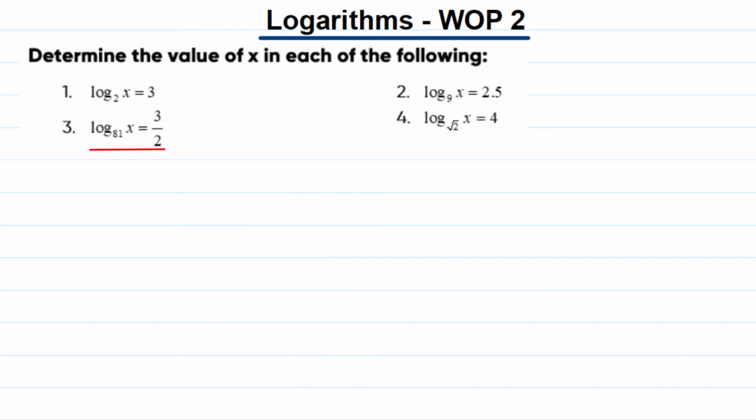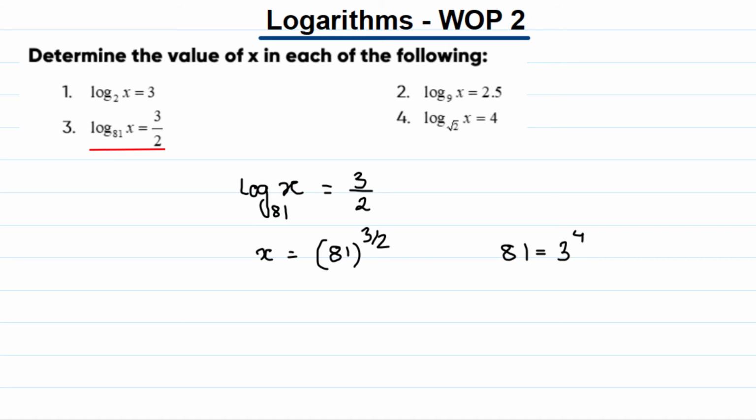Let's move on to the next problem. Problem number 3. So here we have logarithm of x to the base of 81, and that is equal to 3 over 2. So we use the definition, and that should give us x equals 81 whole raised to the power of 3 over 2. Now 81 is simply 3 multiplied by itself 4 times, so we have 3 raised to the power of 4.